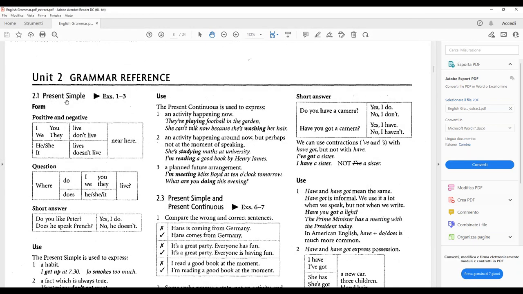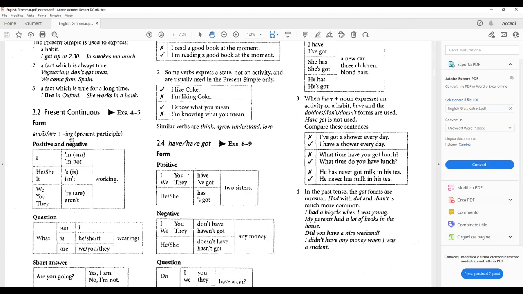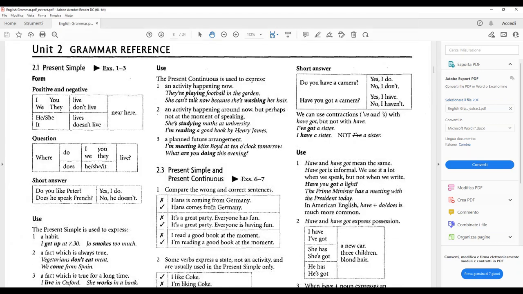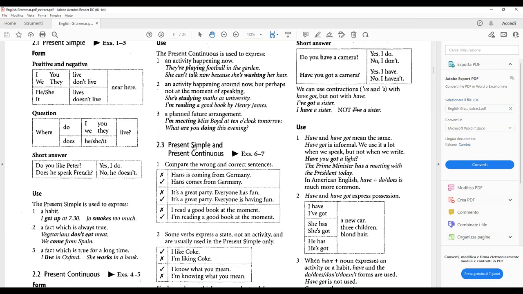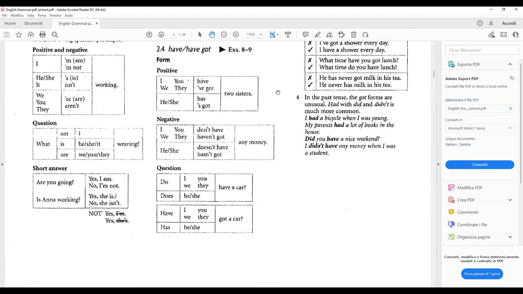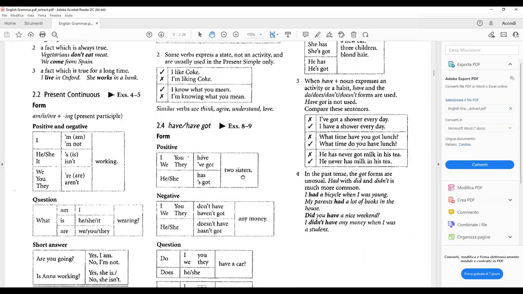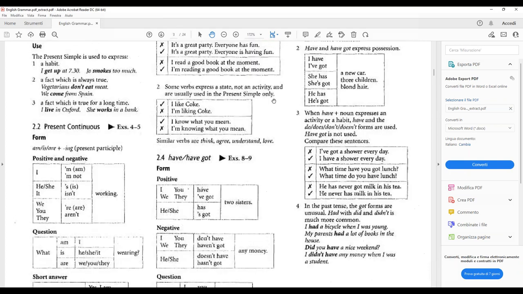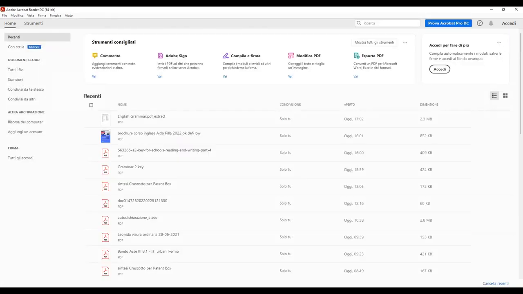Remember the differences between present simple and present continuous. Present continuous with ing, the gerund, for example, working. We looked at some differences between present simple and present continuous. And we also looked at the have and have got forms. Remember, I have got 2 sisters versus I have 2 sisters. But we'll get back to this in just a while.